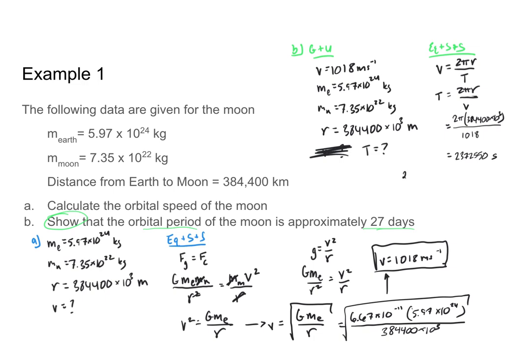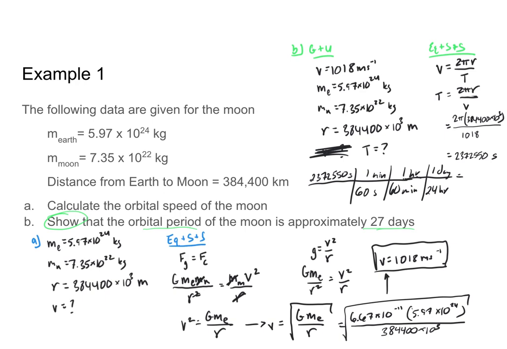Let me make myself a little space here. This is going to take a bit. So I know that I have 2,372,550 seconds. There are 60 seconds in a minute, 60 minutes in 1 hour, and 24 hours in 1 day.